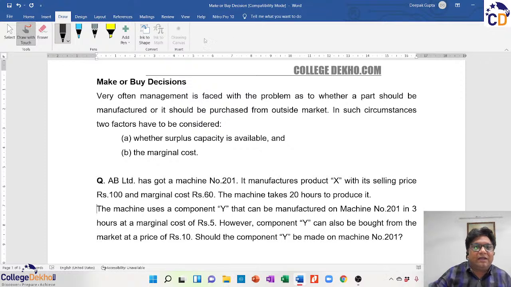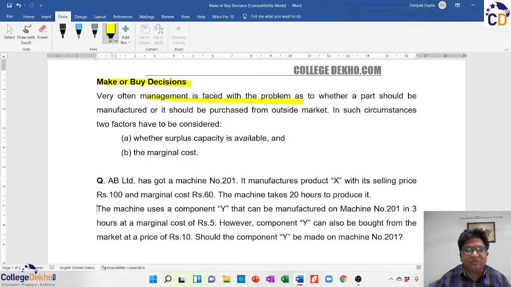But before we enter into those nitty-gritties, this make or buy decision has to depend on certain factors. What we are sharing with the notes is that normally the management is faced with the problem whether a product should be manufactured or purchased. So you either have to produce it in-house or acquire it from an outsource.